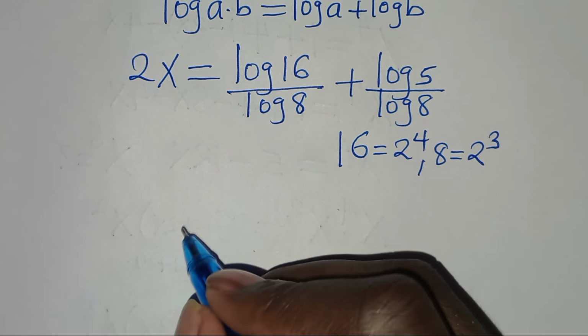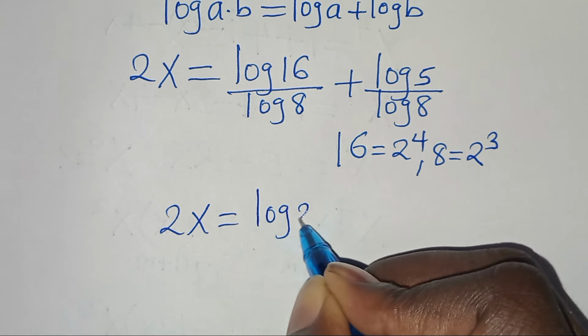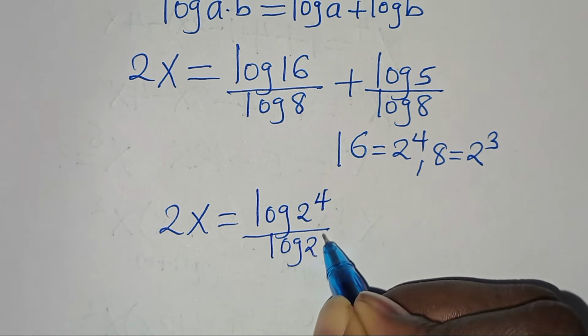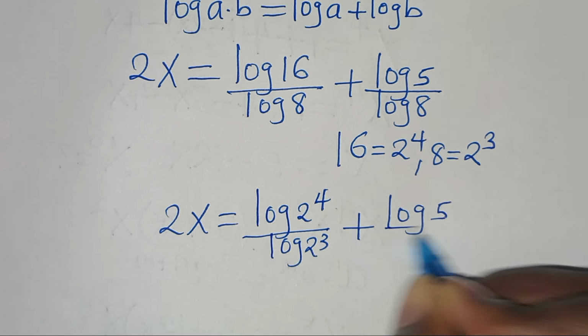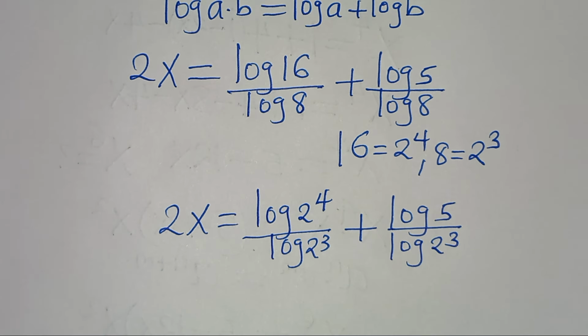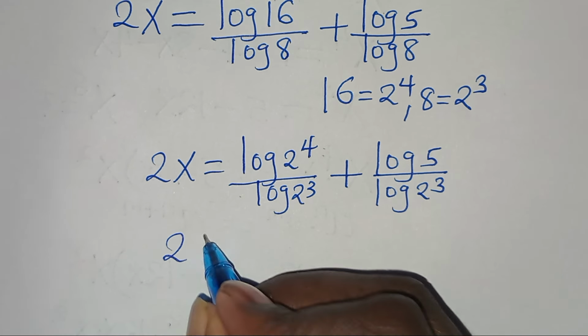So this implies we have 2x. This is equal to log 2 to the power of 4 divided by log 2 to the power of 3, then plus log 5 divided by log 2 to the power of 3. Now, let's apply the power rule property here so that we have 2x.